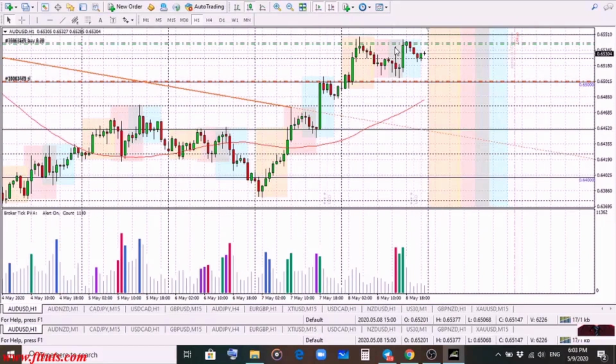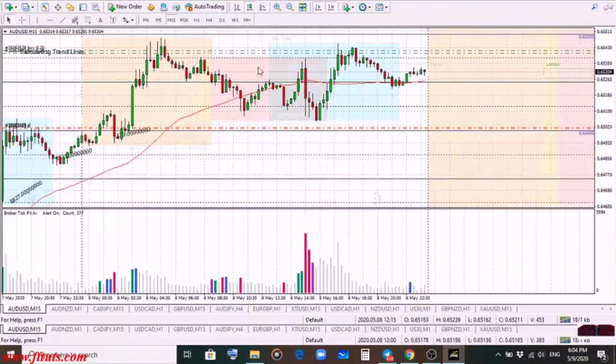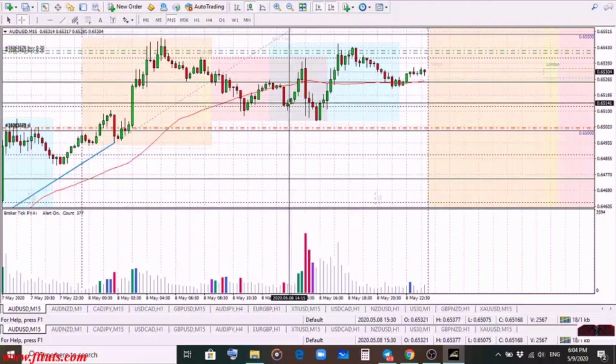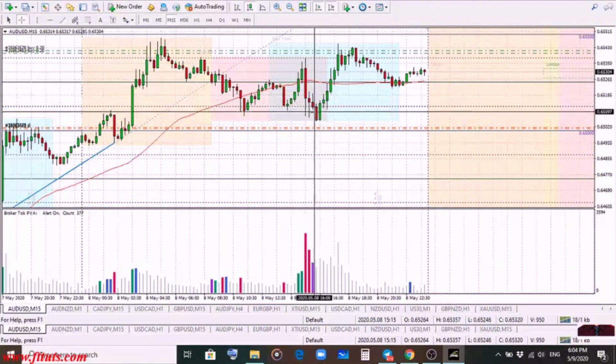It's forming after the news with a high volume, but we have to carefully go down to the lower time frame to have a look, because in a higher time frame it looks like a pin bar going up and coming back down.